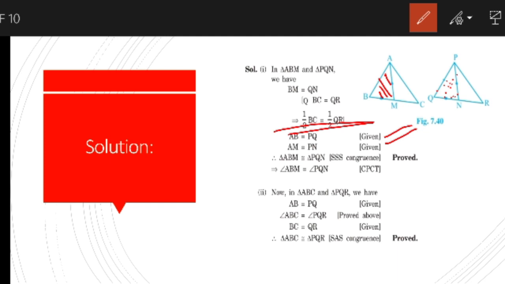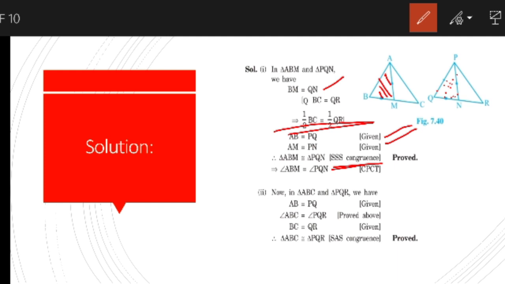And the first thing that we got, BM is equal to QN, that is half of BC and half of QR are equal. So we can say that triangle ABM is congruent to triangle PQN by the SSS congruency rule. So the first part of the question is proved.